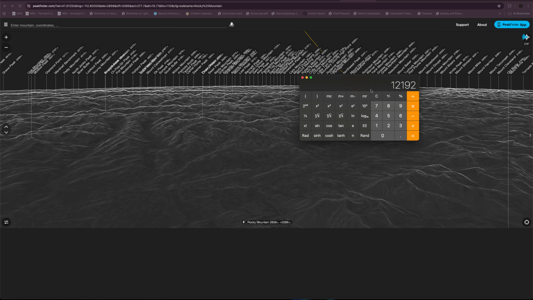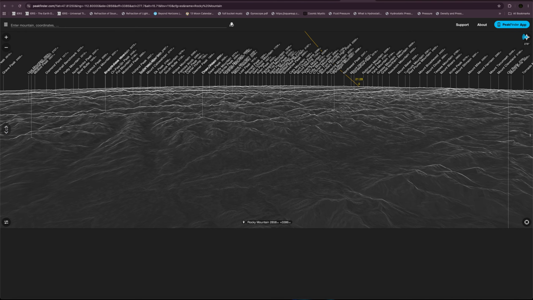The average commercial airliner, the bigger ones, fly between 35,000 and 43,000 feet, so 39 to 40,000 would be some kind of an average. So this would be the average height of a commercial airliner when they're flying from A to B, 12,192 meters.